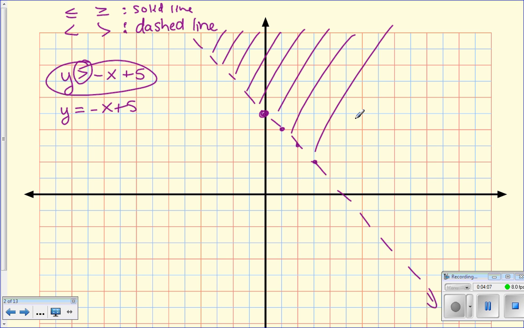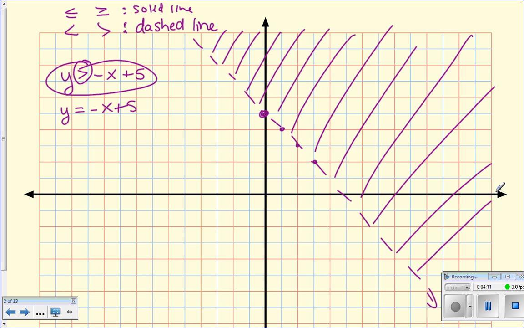If the above and below confuses you, there's another way to determine what side to shade on, and it's called doing a test point. I usually try 0, 0 as a test point because it is very easy to plug in. If I plug in 0, 0 here, I get 0 is greater than negative 0 plus 5.